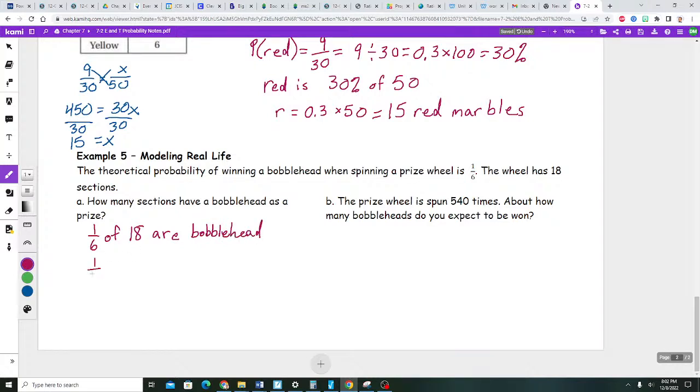So 1/6 of 18 equals 3. So 3 sections will have a bobblehead.